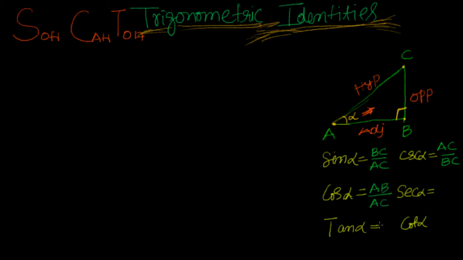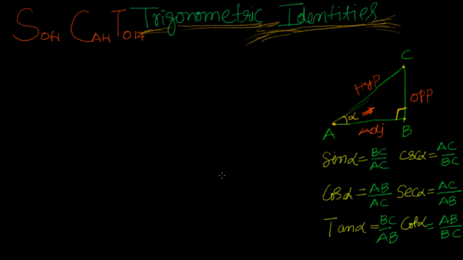Tan alpha is opposite by adjacent, that is BC by AB. Now I can reverse this and say secant alpha is AC by AB. Similarly, cot alpha is AB by BC.